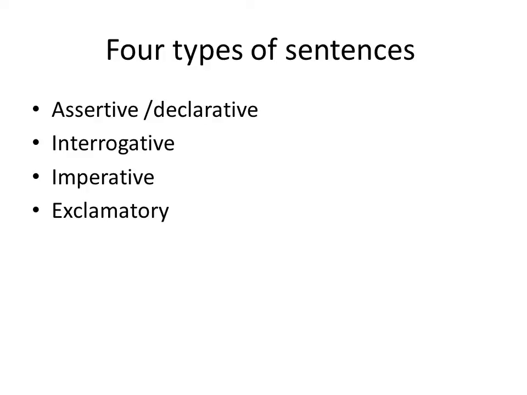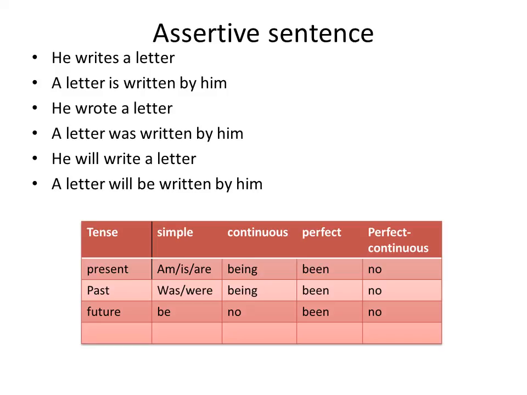Now let's see what is meant by voice. Or before that, we are going to see the first type of sentences. First is the assertive sentence. Let's see how to identify an assertive sentence. The very simple trick to identify the assertive sentence is its construction.